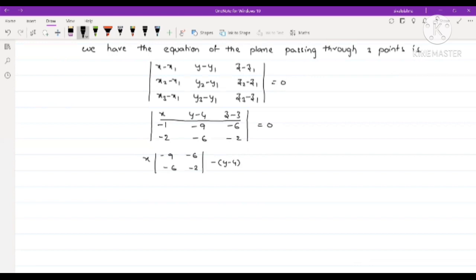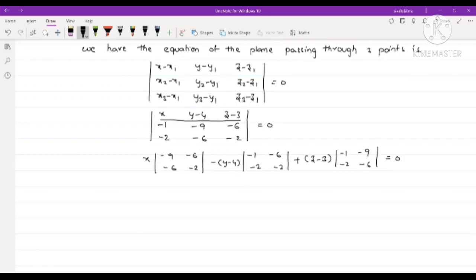Second element into, we close the row and column of y minus 4, so we have minus 1, minus 6, minus 2, and minus 2. Coming to the third element, z minus 3 into, we close its row and column, so that we get minus 1, minus 9, minus 2, and minus 6, which is equal to 0.